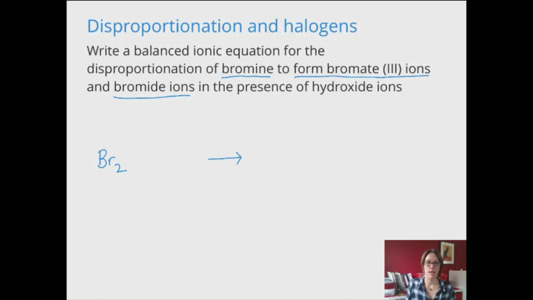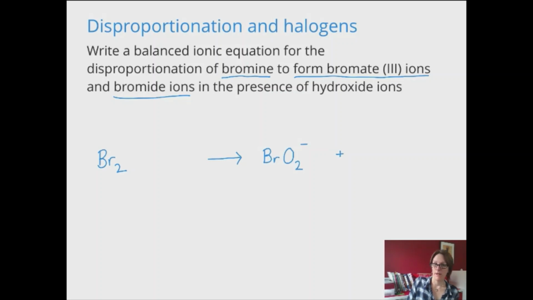So bromine is Br2. Working out bromate 3. So that means I'm actually going to need 2 oxygens to make my bromine have a +3 and overall have a -1 charge. Think about it, 2 lots of -2 is -4.